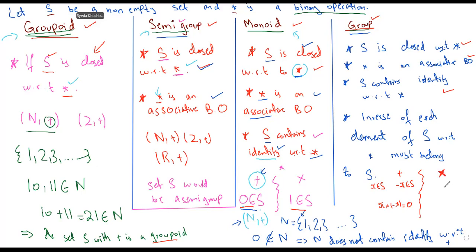Yes, anyone? Like one, no, sorry, divide by. Yes, okay. So if x is an element of S, 1 by x would also belong to the set S. And if 1 by x belongs to the set S, only then we can say inverse of each element of S with respect to star must belong to S.